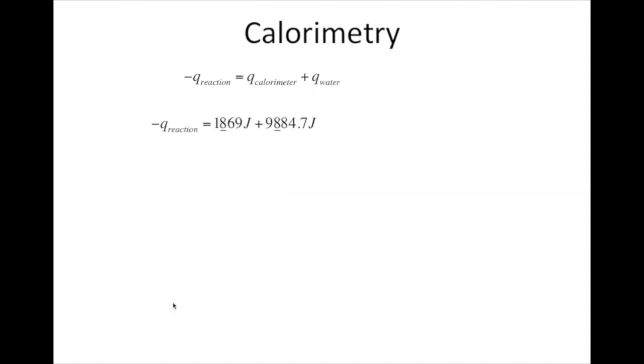So now I need to add these two terms together, and I make it negative because that's the amount of heat that's released. So the Q of the reaction is equal to negative, to 2 sig figs, or to the hundreds place, negative 12,000 joules, or negative 12 kilojoules.